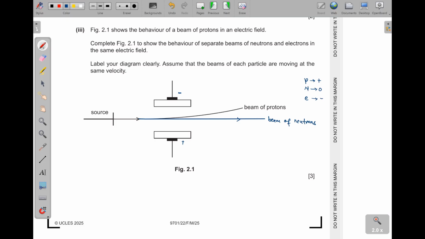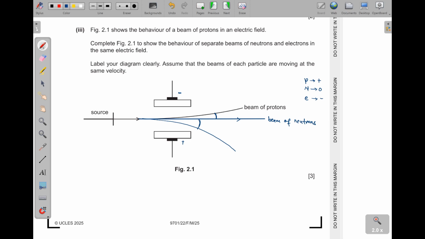Then for electrons, they will come, they will bend towards this, but the bending has to be bigger. Look at this one for protons. The bending is smaller because these ones have got a mass. They are heavier compared to electrons here, whose mass is so negligible, it is too small.